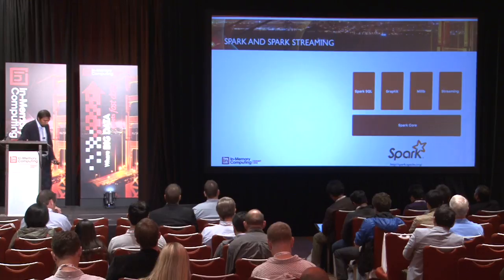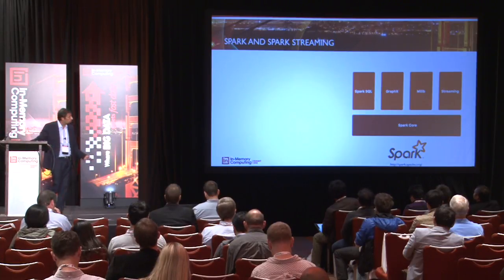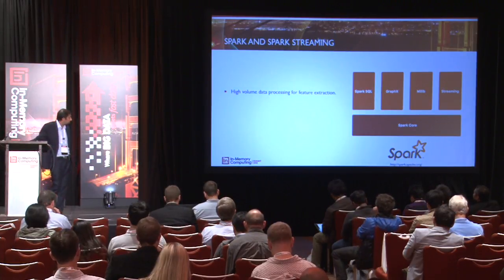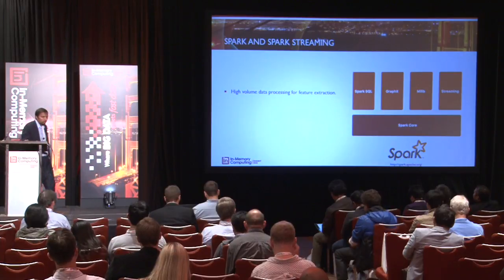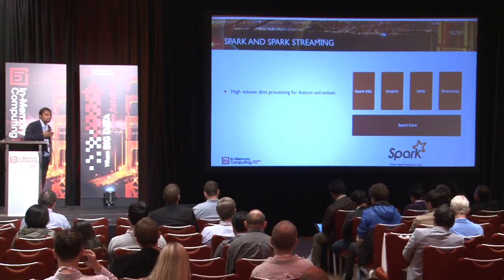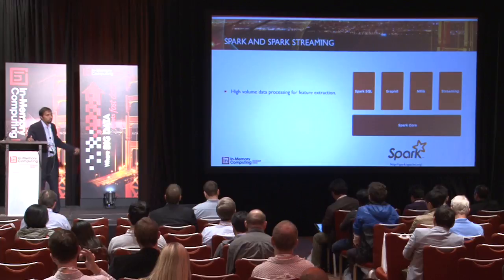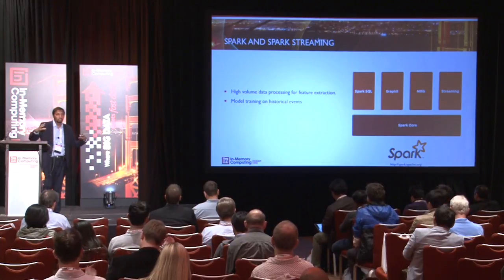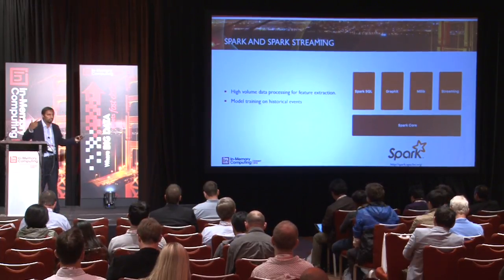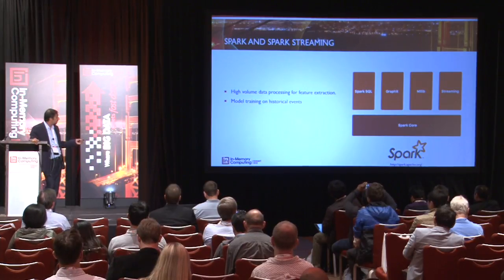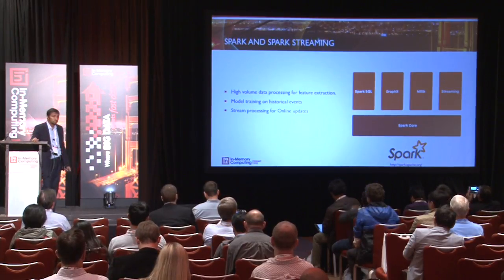The other important piece from our architecture point of view was Spark and Spark Streaming. It's high volume. You can do feature extraction, persist the RDD in memory, and then do iterative jobs on it. You can train models from historical data, and also use Spark Streaming for stream processing.